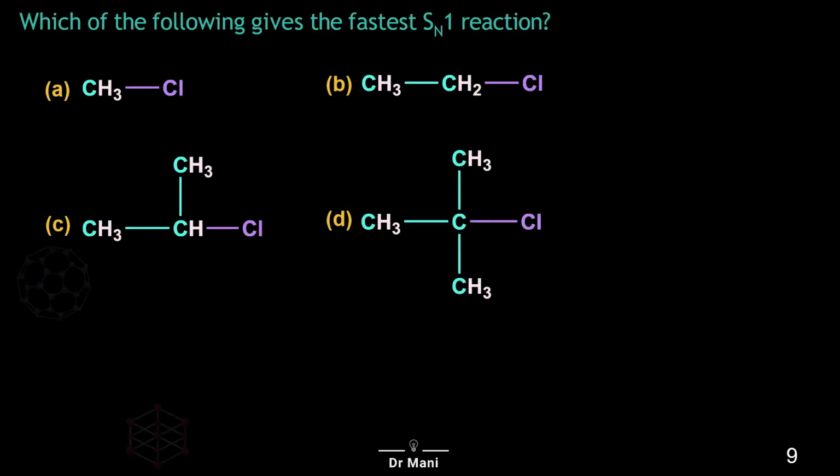So tell me, what will be the answer here? What will be the option? Which one is tertiary here? So this one is primary, secondary, tertiary, and this is 0. Which one will be the option? Is it option A or D?